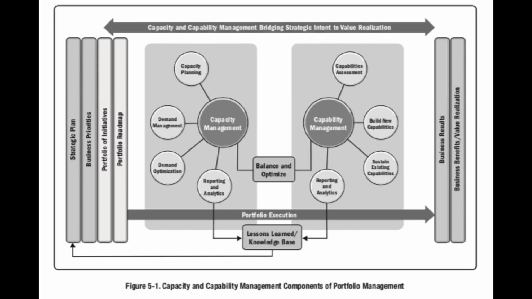You can track metrics like training completion rates, employee performance improvements after training, or the success rates of projects that require new skills. These insights help you see if your capability building investments are actually leading to better project outcomes.